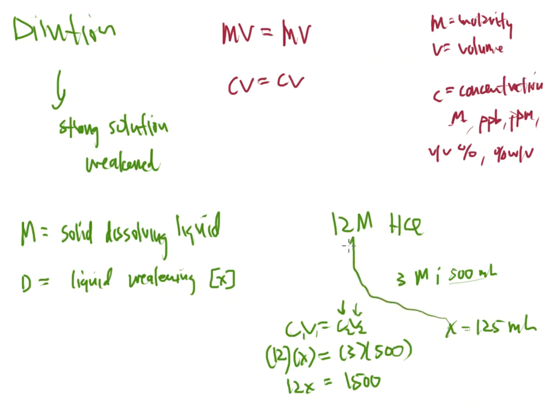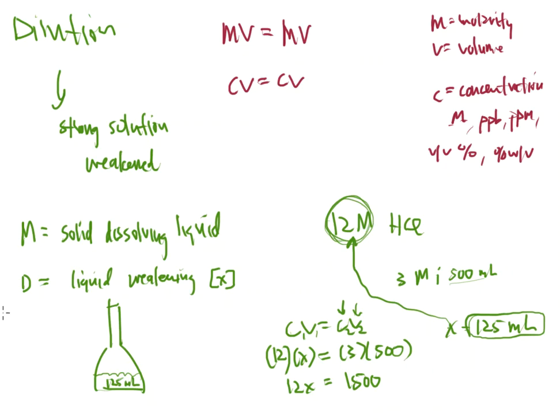Well, that means I'm going to take a volumetric flask in a laboratory and I'm going to go to my 12 molar solution, right? And I'm going to pipette or measure out 125 milliliters of that stuff. So in it goes, 125 mils.